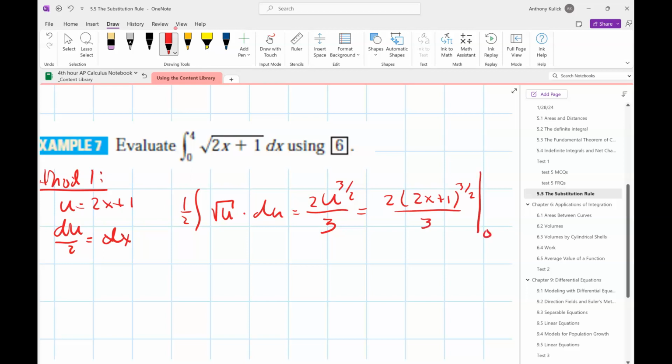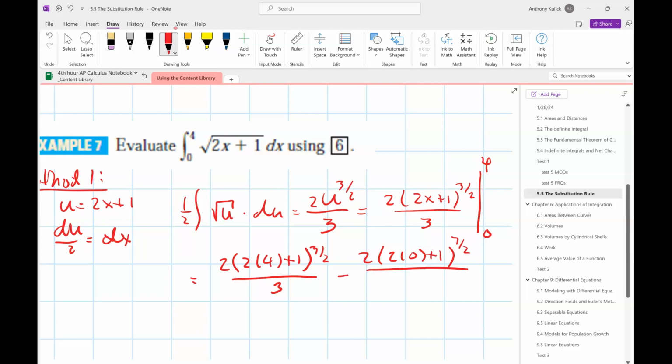And then we evaluate that now from 0 to 4, because it's a definite integral. And then you continue grinding that down, right?